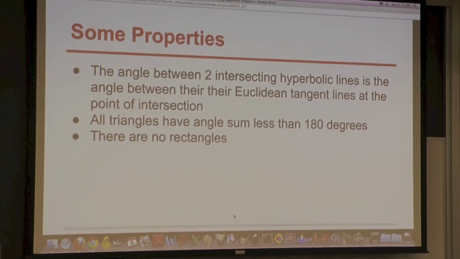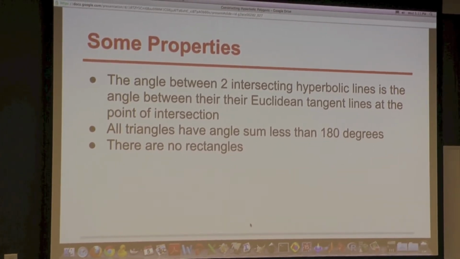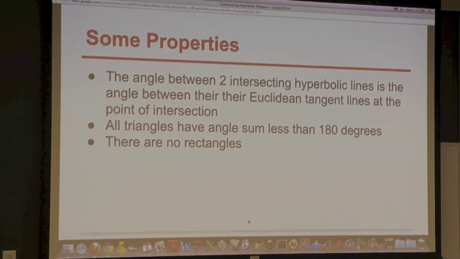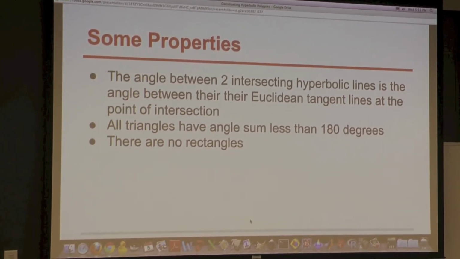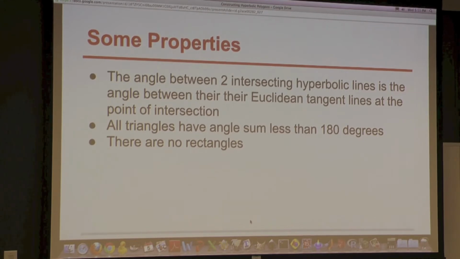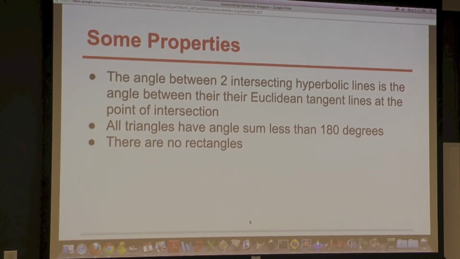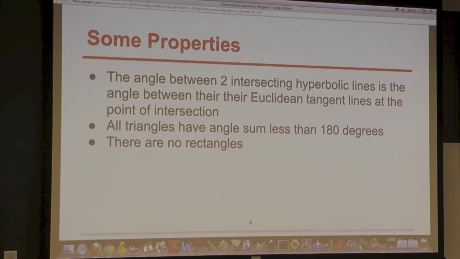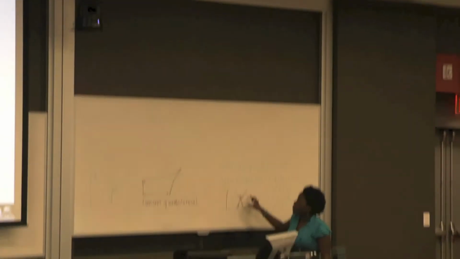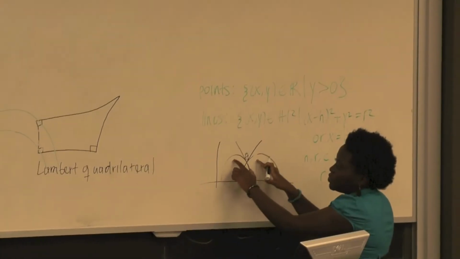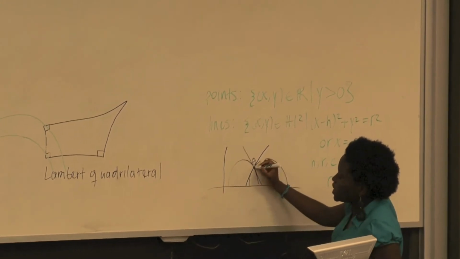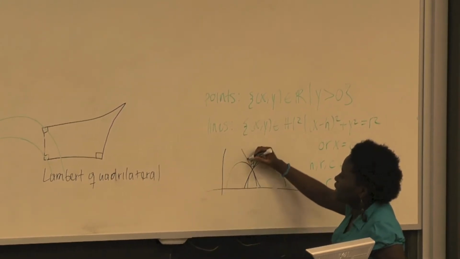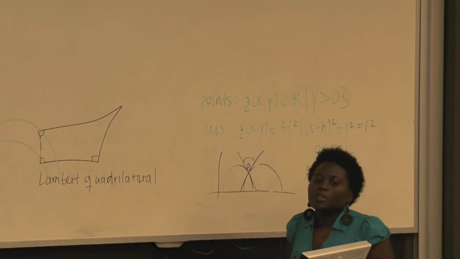So given two hyperbolic lines, let's say this and that one, the angle theta between them is the angle between the two tangent lines to these two circles at the point of intersection. Theta would be that Euclidean angle.